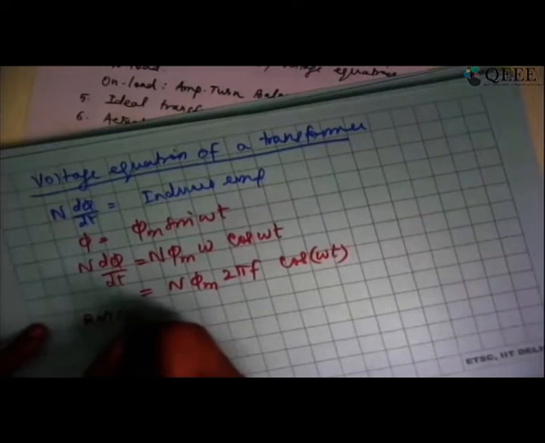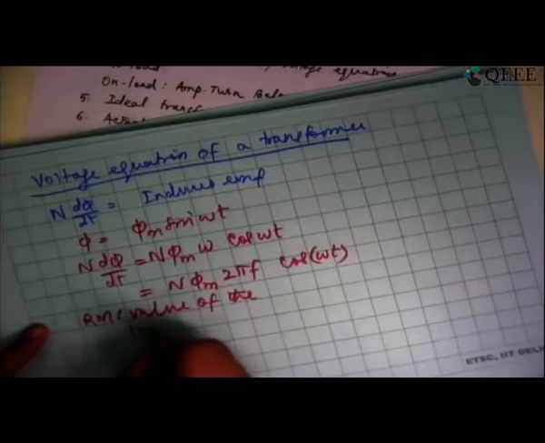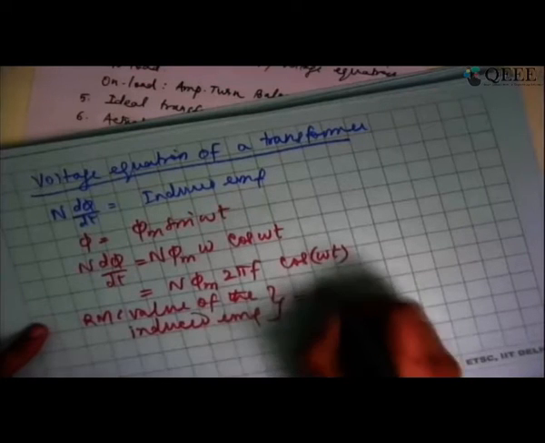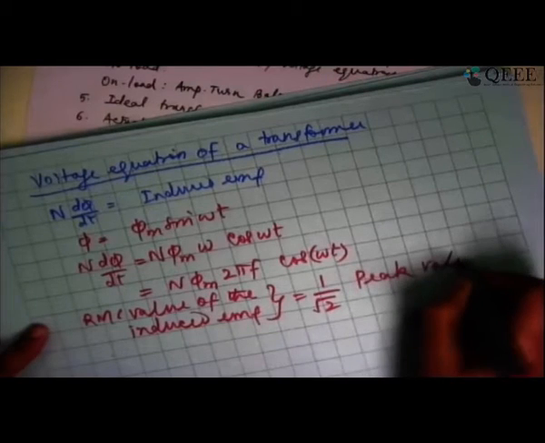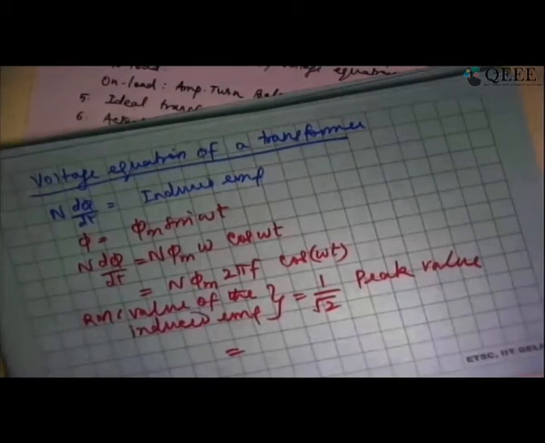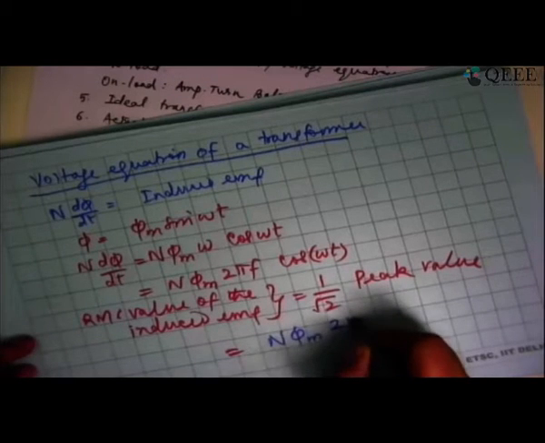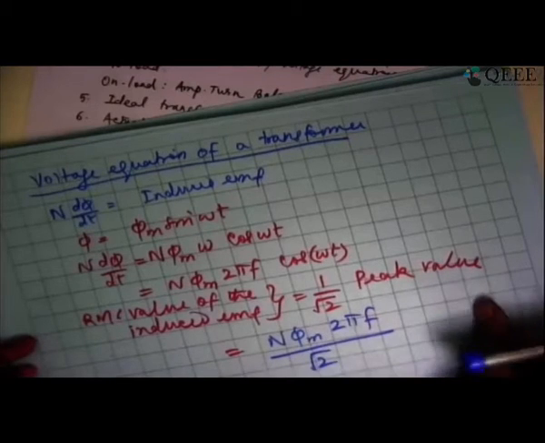The RMS value of the induced EMF will be 1 by root 2 times the peak value. And the peak value in this case will be N φm 2πf, and dividing by root 2 will give me the RMS value.